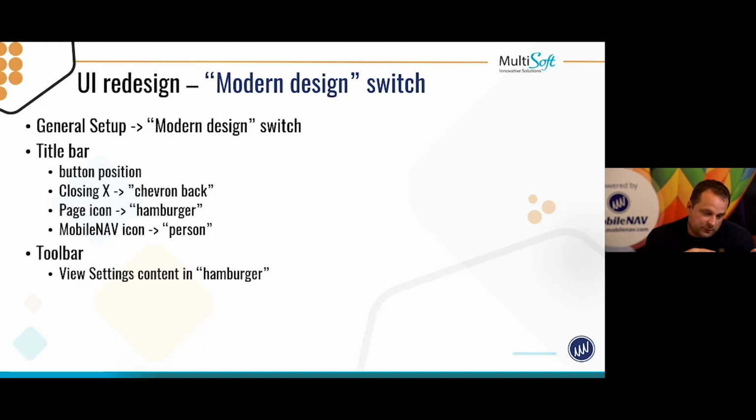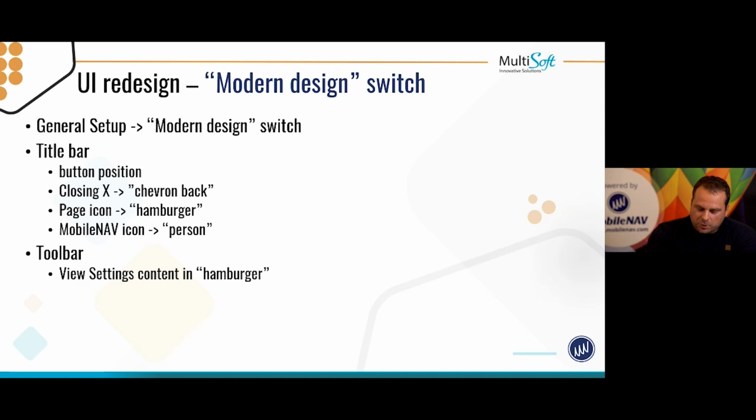So you can still retain the older design, and in that case you will still have a closing X, and you will see the page icons in their previous position. But if you tick this modern design, then from that point on you will have a chevron back, hamburger icon, and person icon in the application.